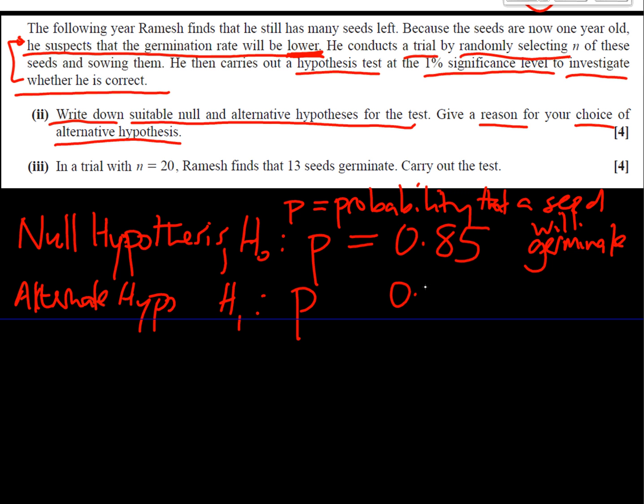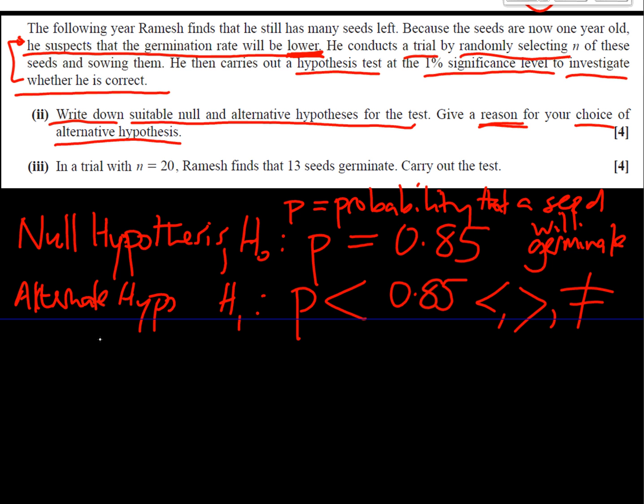So we know we've got to use probability again, and we know we've got our 0.85, but we need to decide, and we've got a series of options. The relationship could be greater than, less than, or not equal to. Now in this case, and they've actually asked us to give a reason for what we're about to do, we're going to assume that the probability is less than 0.85.